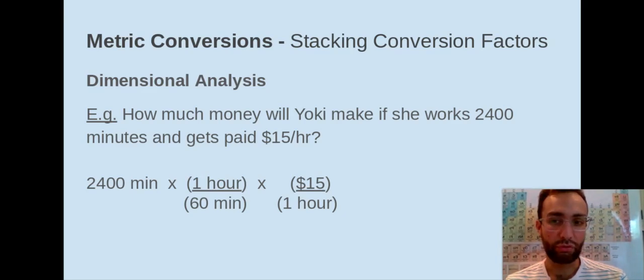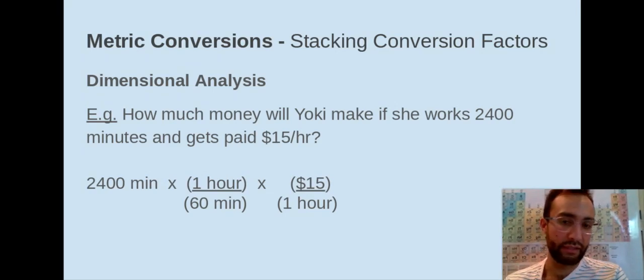So I know for 2,400 minutes, I can put up my sort of proportion conversion factor, if you will. And I know that there are 60 minutes in 1 hour. So then I would have that conversion factor, and then I still need to get to the amount of money. So I would know that there is 1 hour for $15.